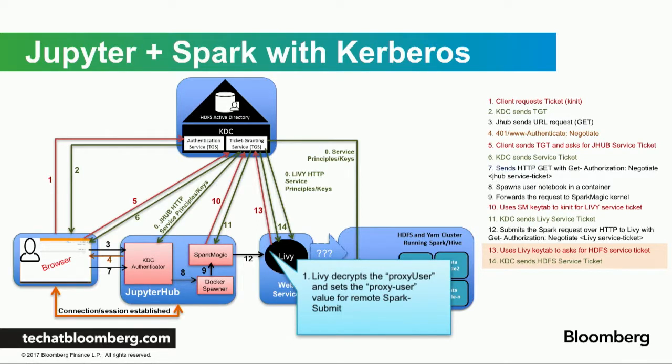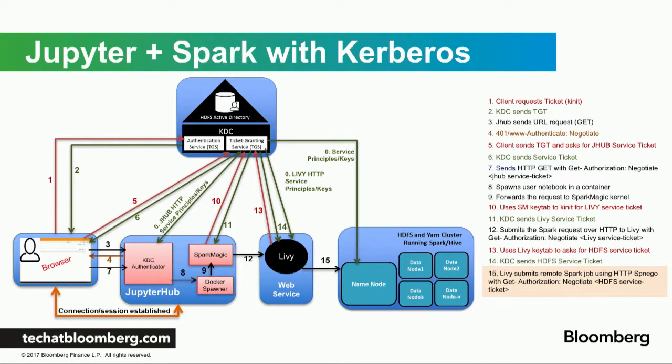Because when Livy is going to submit the Spark job, inside the Spark submit, there is a way you can set up the proxy user. Now, that proxy user needs to be the actual user. Livy is running in a totally different environment where the end user doesn't have any control over it. It's just a service. So Livy is going to decrypt, and it's going to put the real user ID.